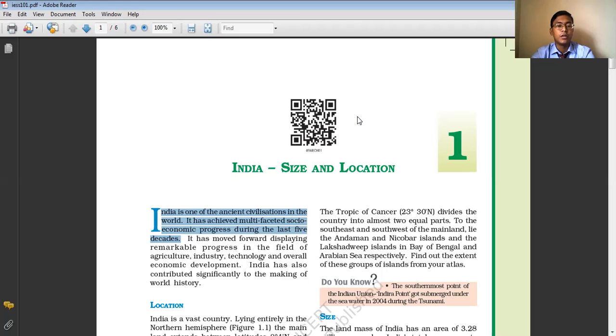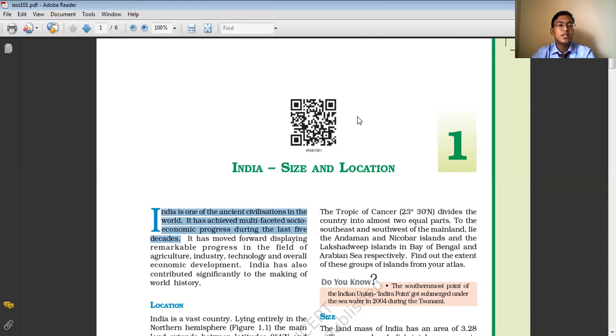We have developed a lot, and India has moved forward, displaying remarkable progress in the field of agriculture, industry, technology, and overall economic development. India is one of the most important agriculturally developed nations.